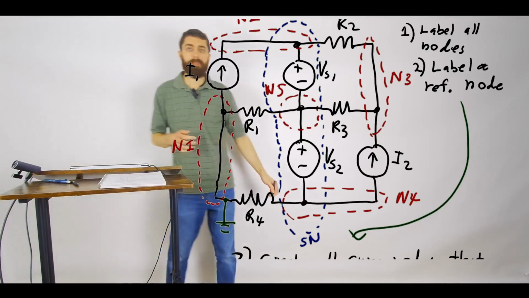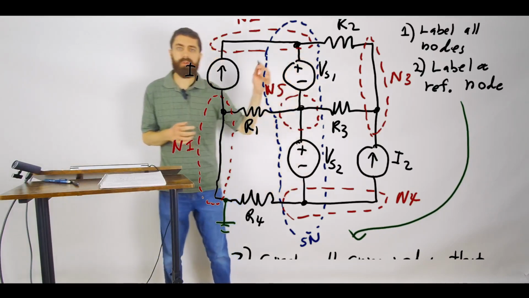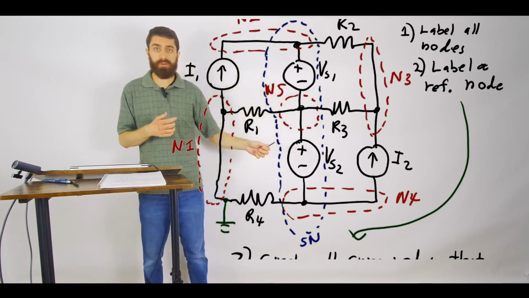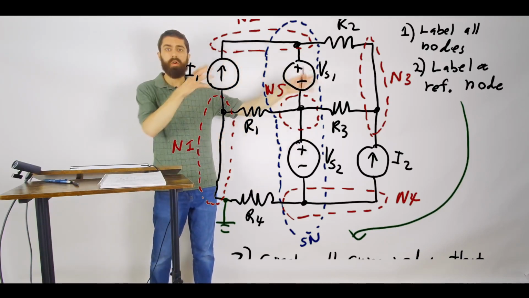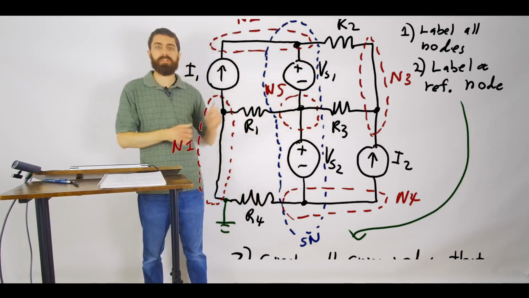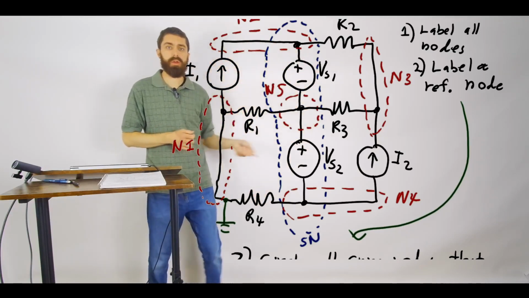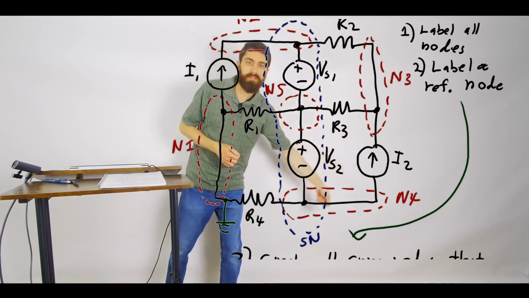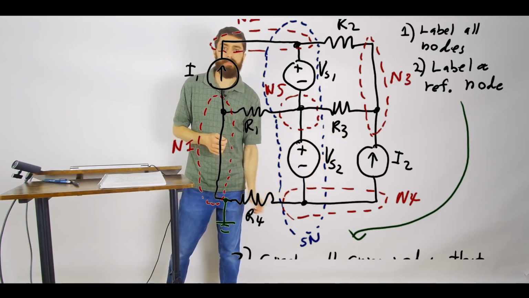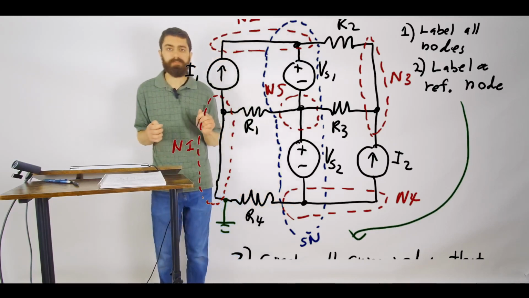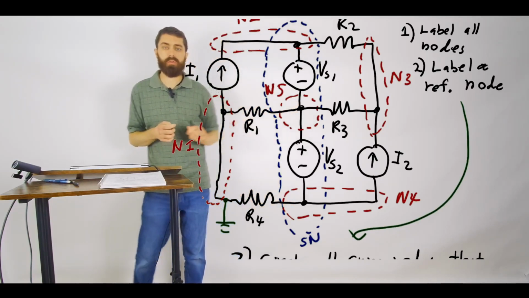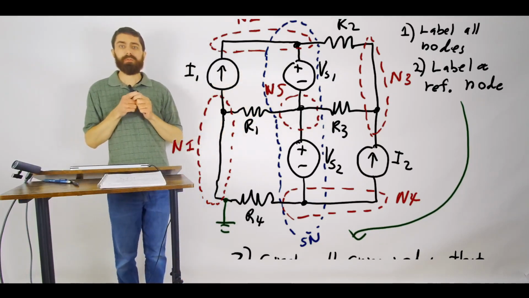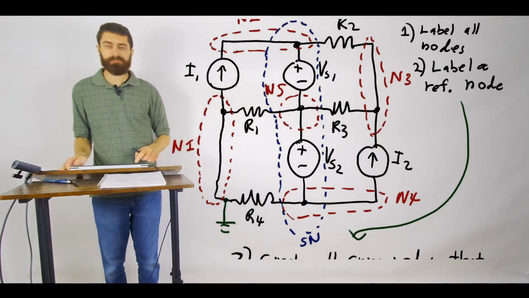And we can apply KCL to this supernode by summing all the currents going into it: this current I1, the current through R2, the current through R3, this I2 current, the current through R4, and R1 here. You sum all those and it should be equal to 0.